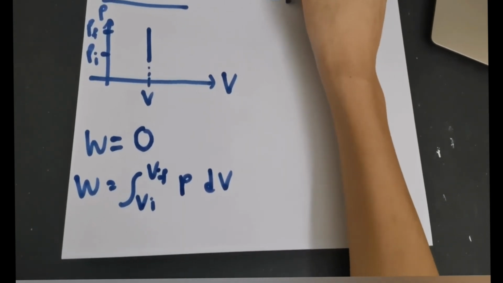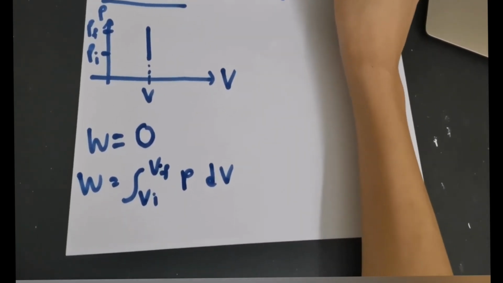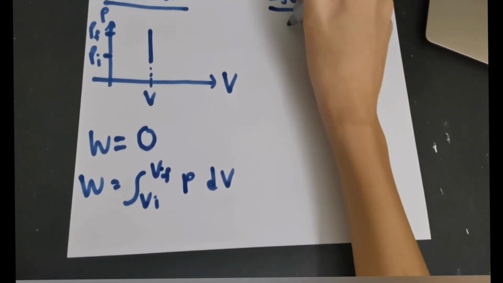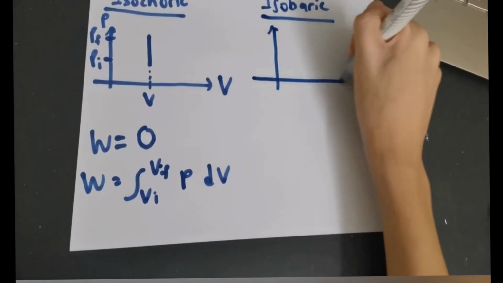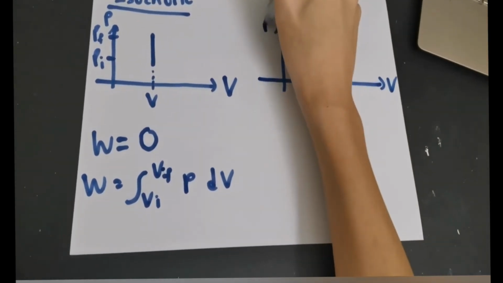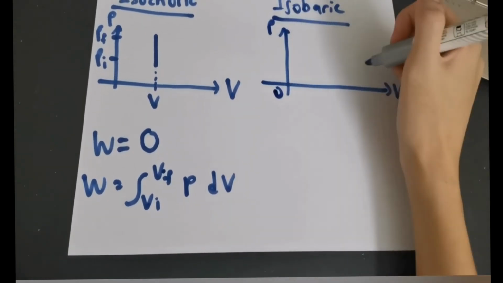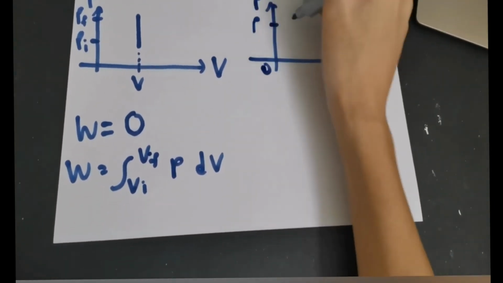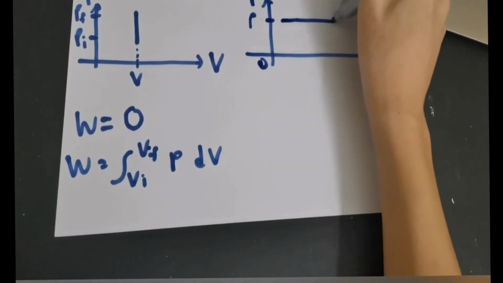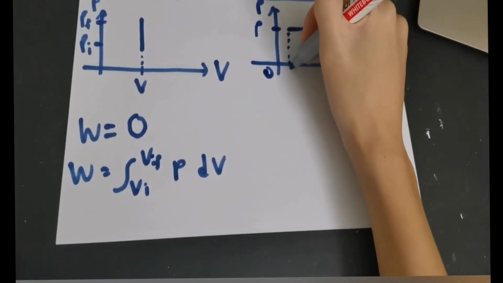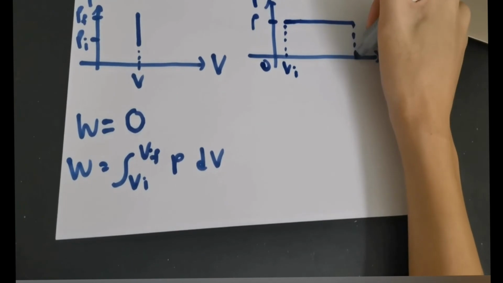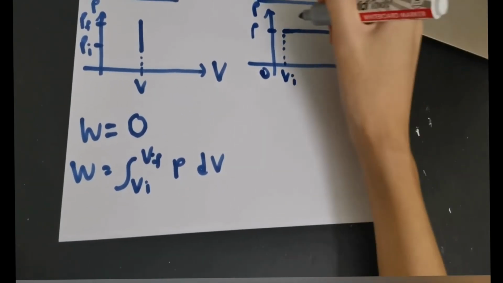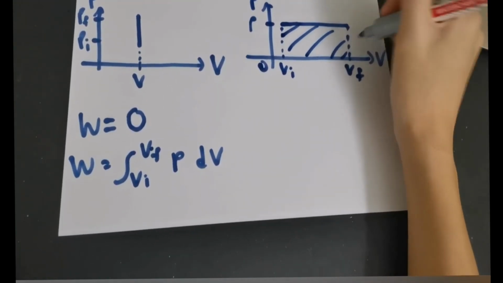So the last one, isobaric, constant pressure. Same thing, we must draw this graph to see what happened. Constant pressure means the pressure is the same. Volume initial, volume final. So this is the work done.